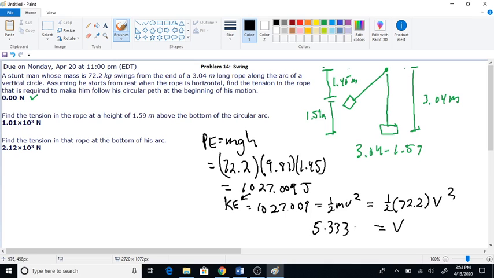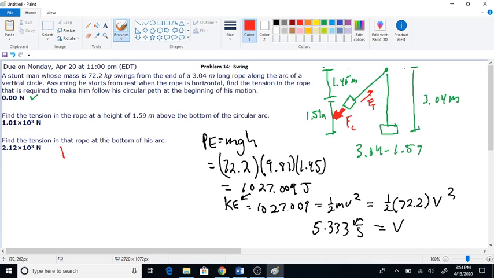5.333 meters per second. Now, we're finding this, first off, we're finding this centripetal force here. So this centripetal force is pulling this way, and so it's going to cause the tension, that's an arrow, happy little arrow, it's going to cause the tension in this way to get bigger. So we've got to find this FC. Okay, that's our first goal here.